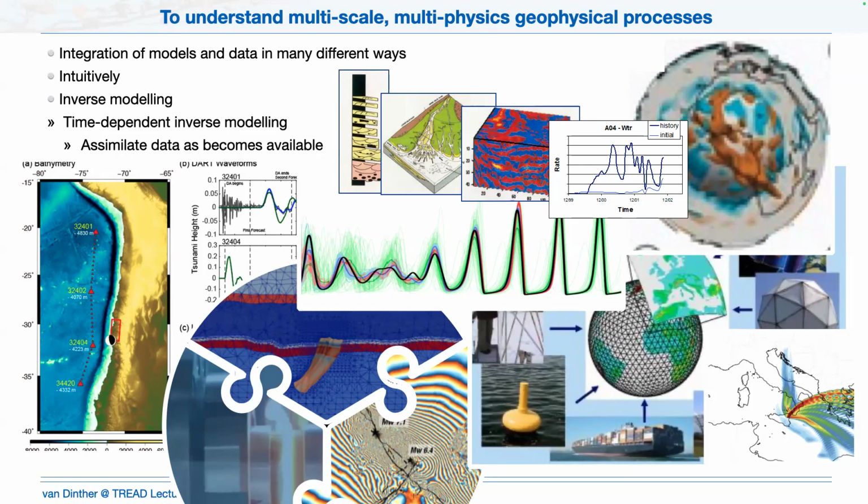And that will help you to quantify changes in the variables that you're studying and changing causes and processes as well. So this is then what is done in data assimilation, which essentially is a time-dependent, adaptive inverse method.